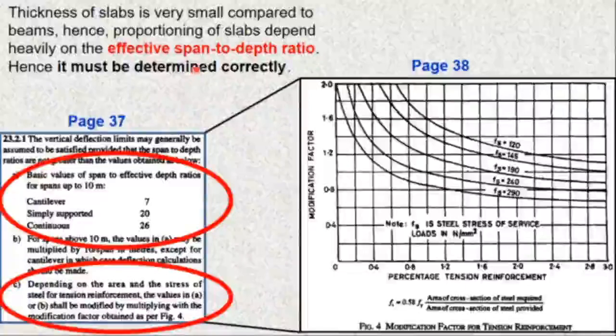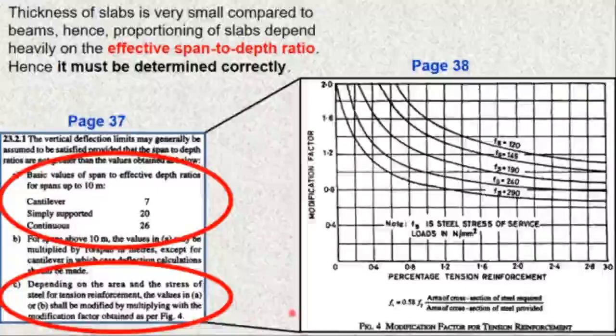How? As we already discussed on page number 37, the limiting values of effective span to effective depth ratios are given, but we have additional provisions in 23.2.1, subclause C: depending upon the area and the stress of steel for tension reinforcement, the values in subclause A or B shall be modified by multiplying with the modification factors obtained as per figure 4.